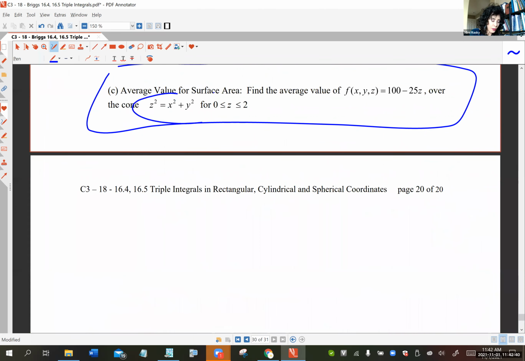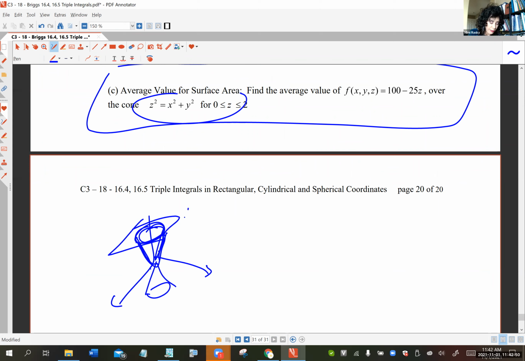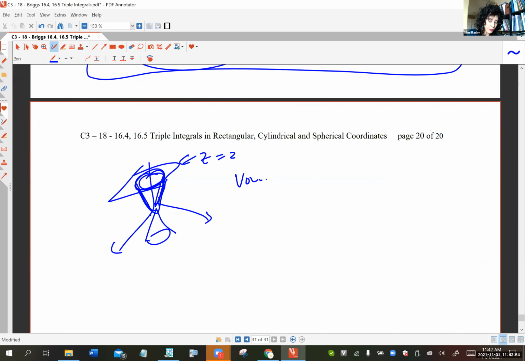So the cone is a double napped cone, but then they're telling you they only want the portion of the cone between z equals 0 and z equals 2. So it's capped above by the plane z equals 2. And actually you want the surface area of a cone.